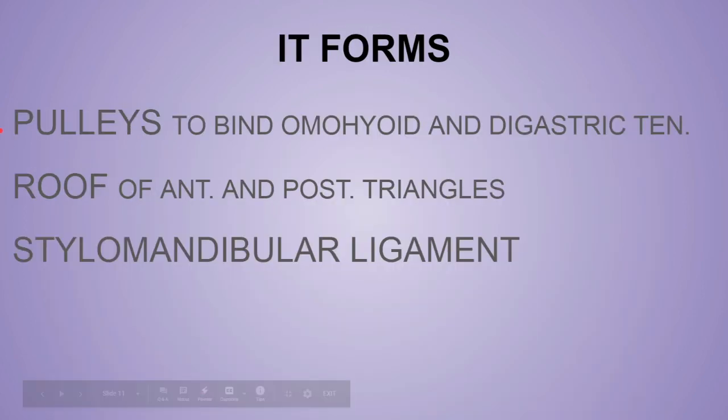Now the investing layer mainly forms three things: the pulleys to bind the omohyoid and the digastric tendon, the roof of the anterior and posterior triangles, and the stylomandibular ligament, and also the parotidomasseteric fascia. I discussed this ligament earlier.